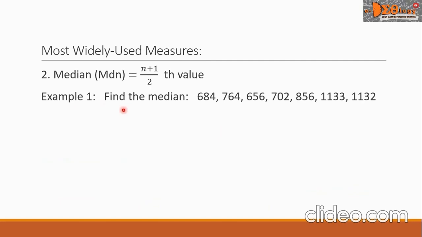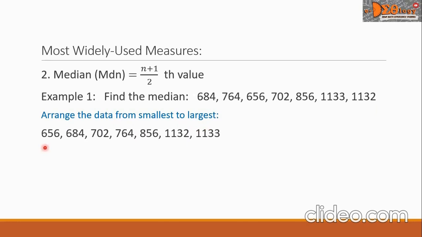Example 1. Find the median of these values: 684, 764, 656, 702, 856, 1133, and the last is 1132. First thing to do is to arrange the data from smallest to largest.